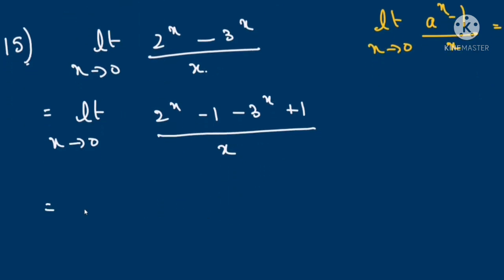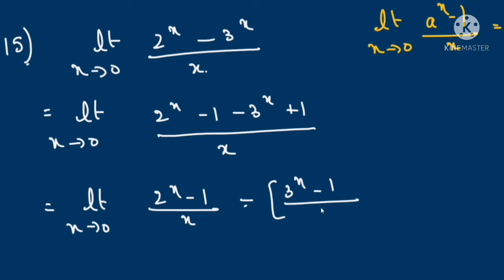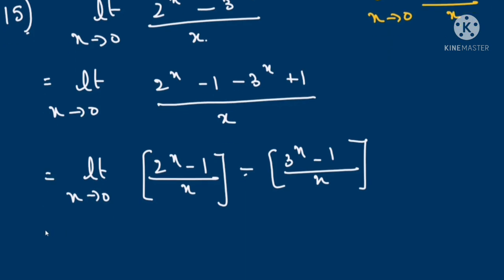So that is equal to limit x tends to 0. You can split this: 2 power x minus 1 by x minus 3 power x minus 1 by x. When you take the minus sign outside, it will become 3 power x minus 1, minus into minus plus here. So now we can split the limit.